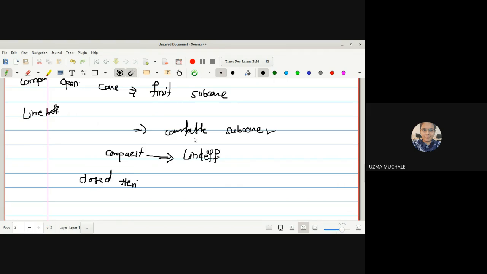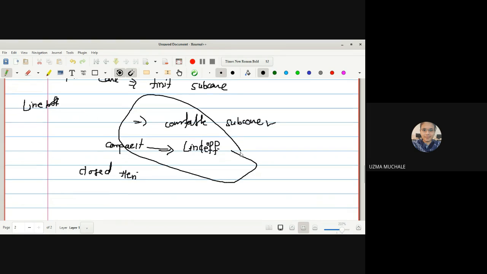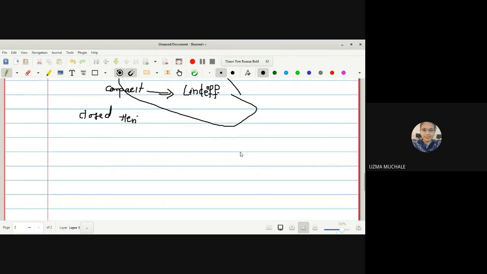For the reverse, I will give you one example: is every Lindelof space a compact space or not? Every Lindelof space need not be a compact space.